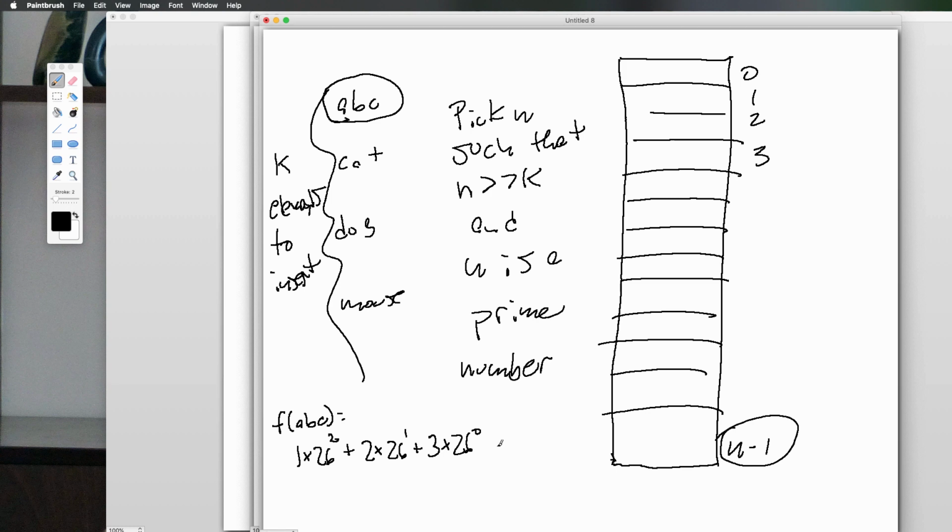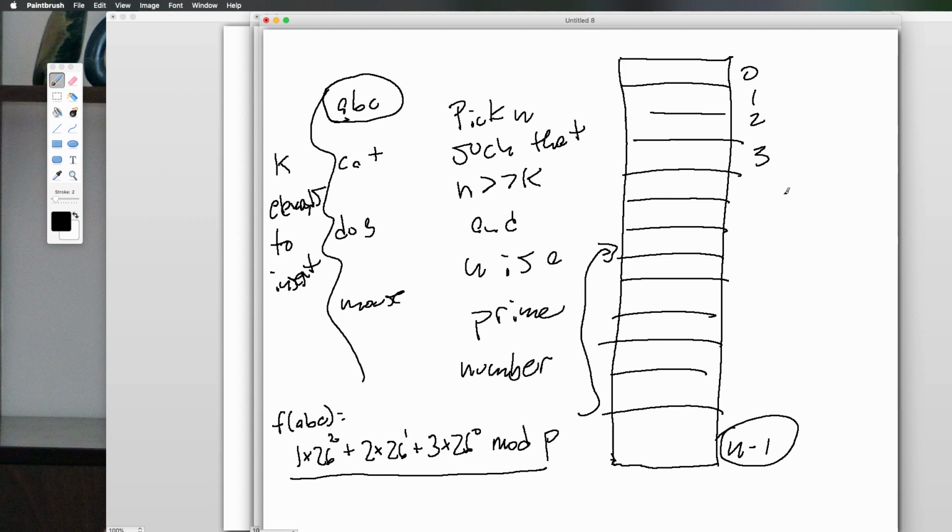And what I'm going to do is divide this thing by p, or look at the remainder mod p. And when I look at the remainder mod p, that's going to send it to some place in this table over here. Okay? So for example, I don't know, and again, this is more art than science.